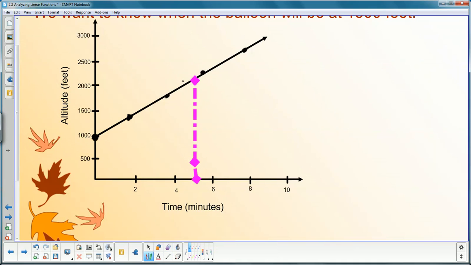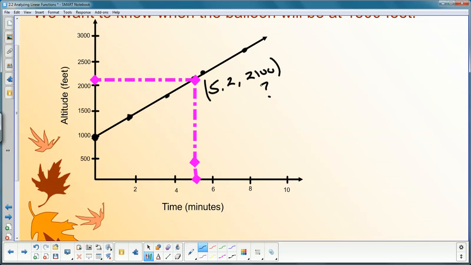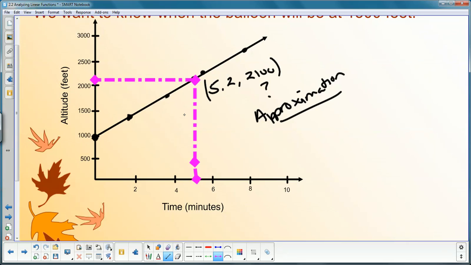That's going to tell me my point would be right on this line. We would want to know what we're in between, and it looks like now we're just above 2,000, so maybe 5.2, 2,100. But again, this only gives us an approximation. It doesn't give us an exact value, at least not with having a definite point on the graph.